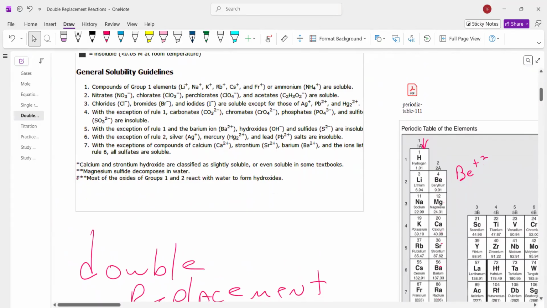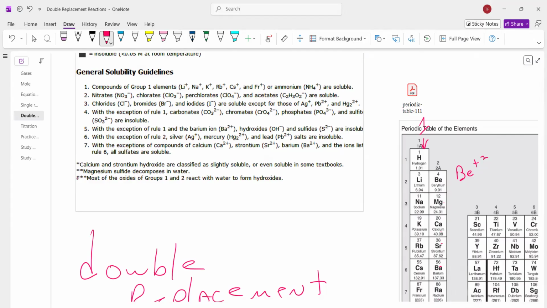Okay, so let's look at these solubility rules. It says compounds of the group 1, and it lists the elements, lithium, sodium, potassium, etc., or ammonium, NH4, are soluble all the time. No exceptions. That means if you put sodium with something else, it's always going to be soluble. Its solvating force is very strong.